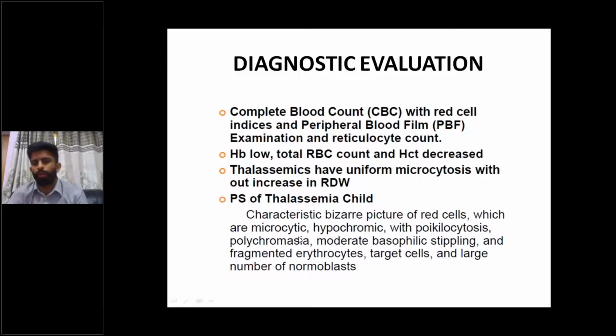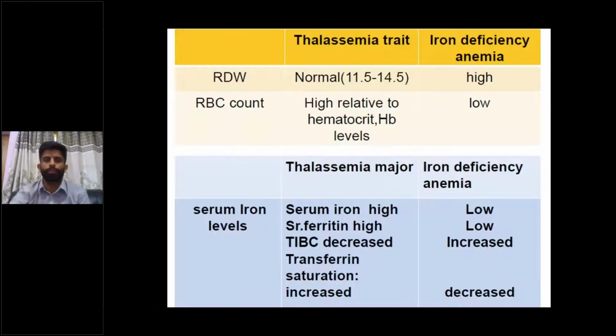There are going to be a larger amount of cells and also really small cells. So that is the red cell distribution width, the difference between the size of the smallest RBC and the largest RBC. So red cell distribution width is greater than 14 in iron deficiency anemia, whereas in thalassemics it's not increased. So that is the importance of RDW.